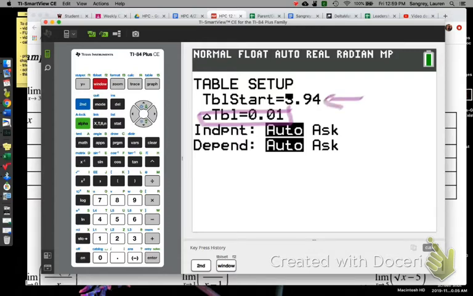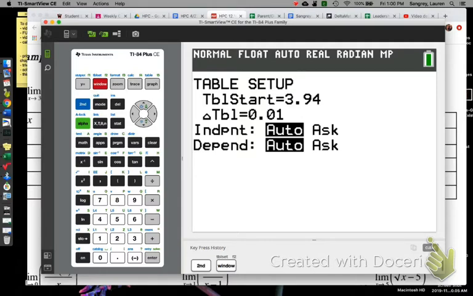And then for your table start, change this value depending on the x value that the limit is approaching. So for example number 1, finding limits with tables, the function is 2x minus 5 as x approaches 3.